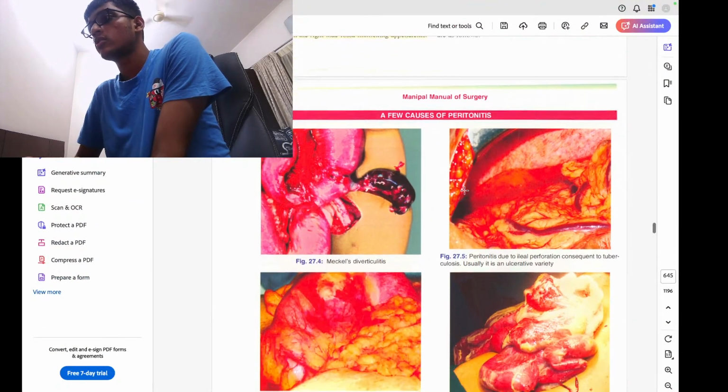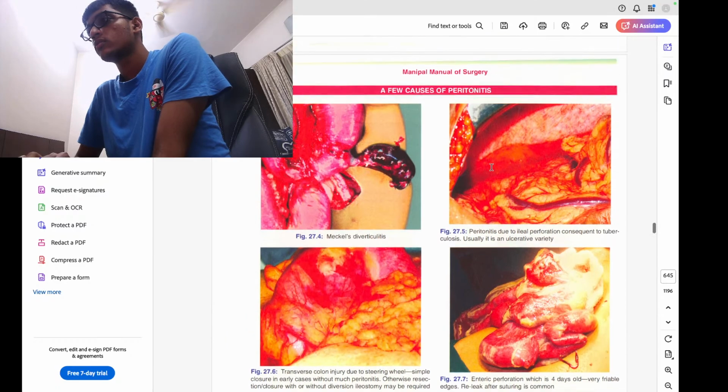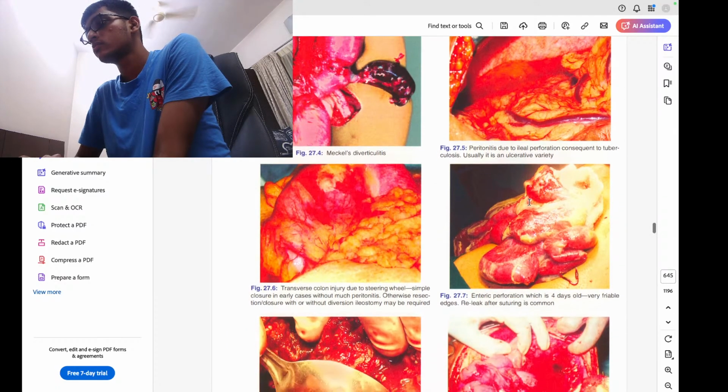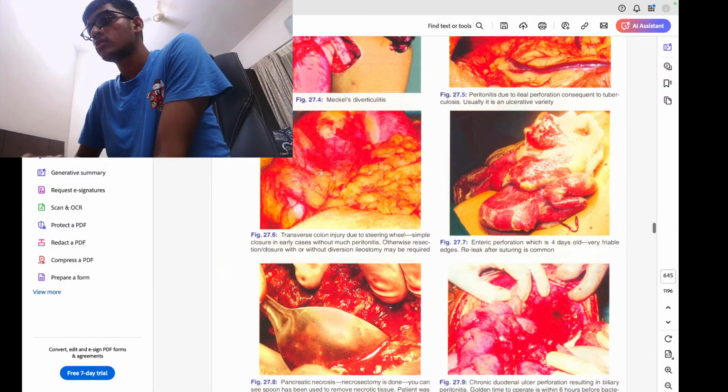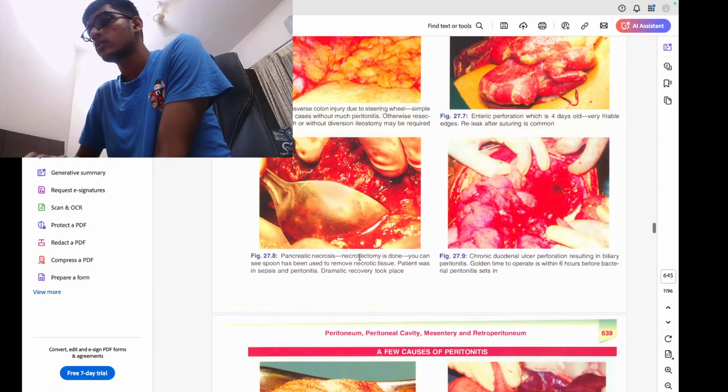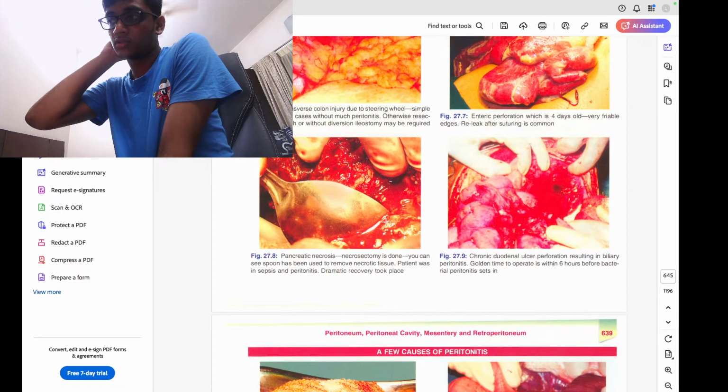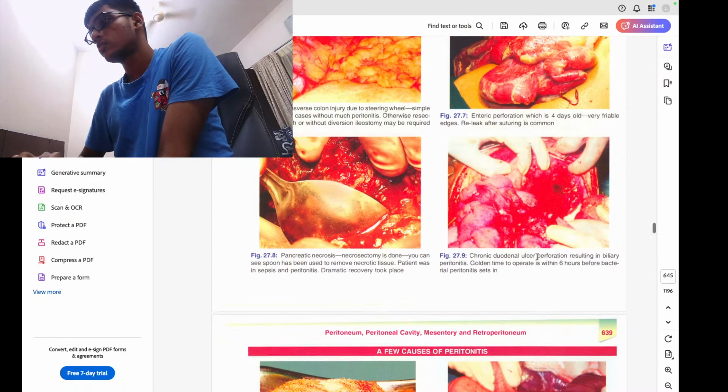Features of generalized peritonitis are as follows. Causes include Meckel's diverticulum, tuberculosis, transverse colon injury, early diverticular perforation, pancreatic necrosis, and chronic duodenal ulcer perforation resulting in biliary peritonitis.